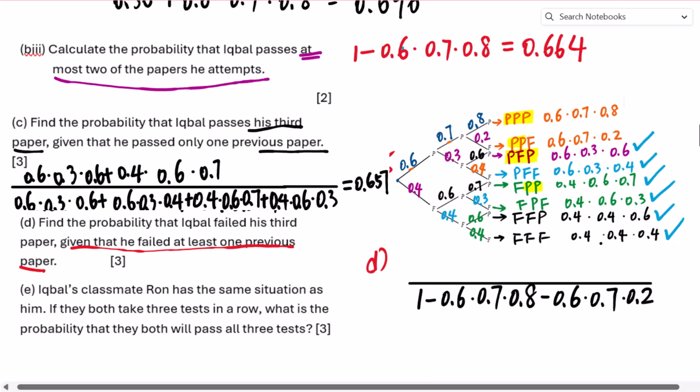Then among these checks, we need to figure out the path he failed his 3rd paper. 3rd paper failed.